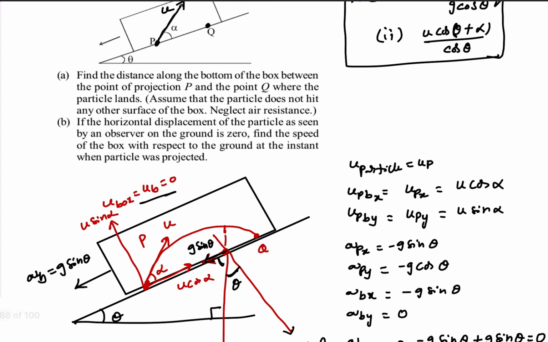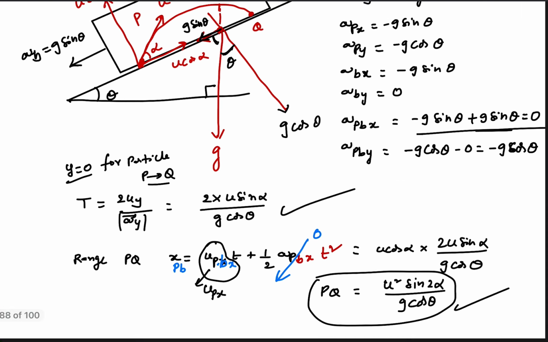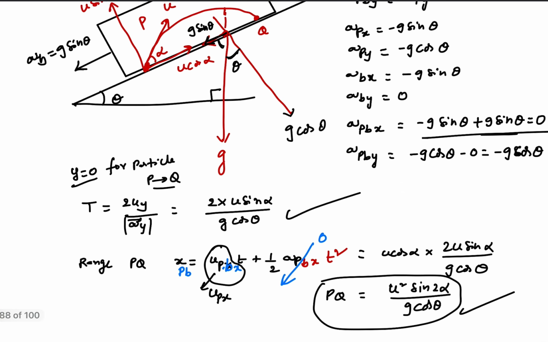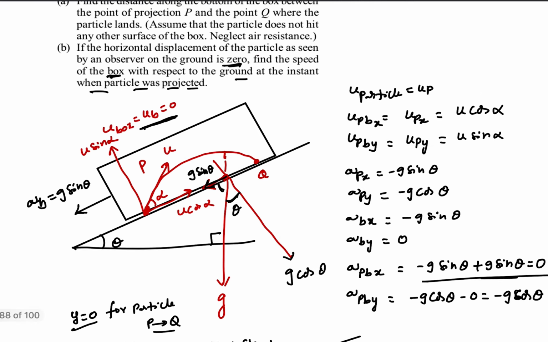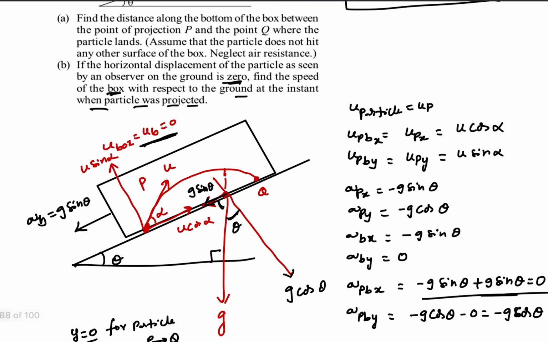Now observe the second one: if the horizontal displacement of the particle as seen by an observer on the ground is 0, find the speed of the box with respect to the ground at the instant when the particle was projected. In question 1, the initial velocity of the box was 0. Now in question 2, they are asking what velocity the box should move with so that the displacement PQ is equal to 0.